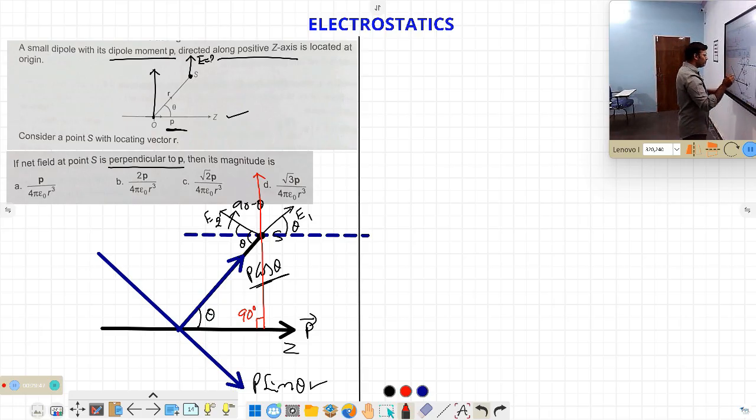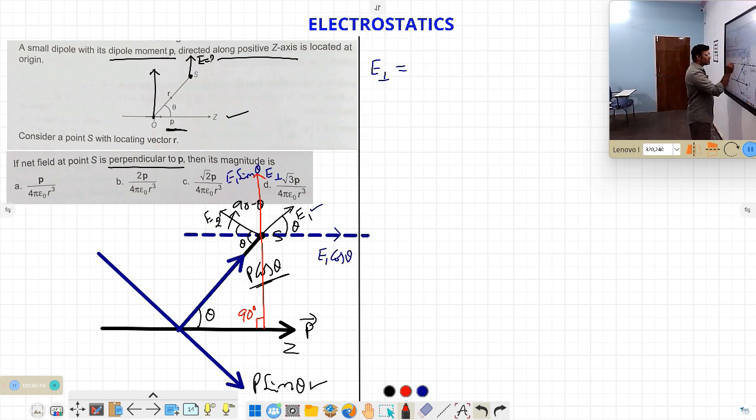Now, to find this, first what is required here? The electric field intensity in this direction, which I am writing as E perpendicular. To get it, first resolve this E1 into components. If you resolve it, the first component is E1 cos theta, and the second component, in the upward direction, is E1 sin theta.